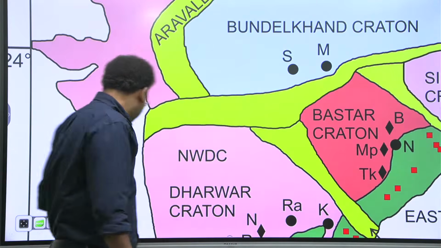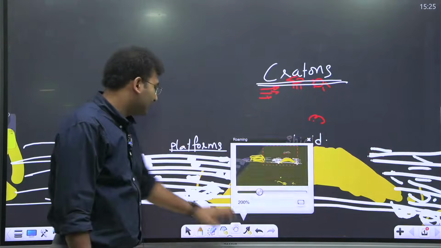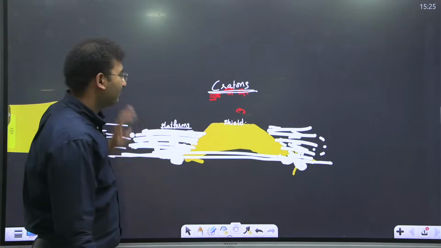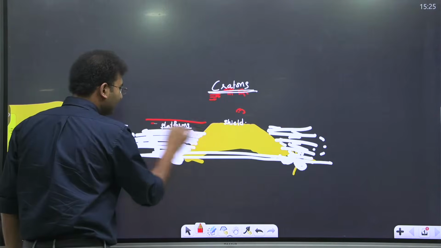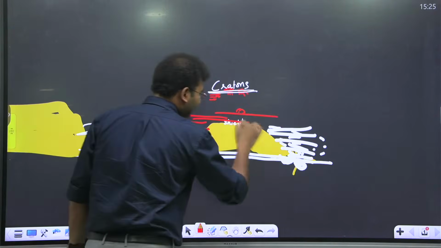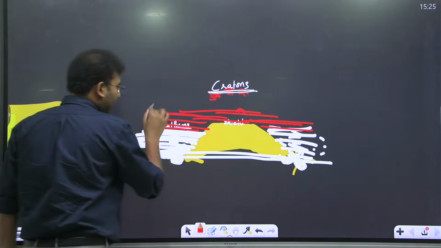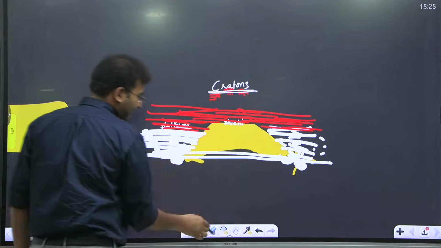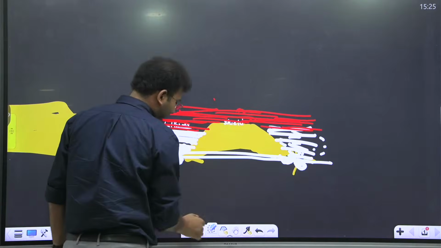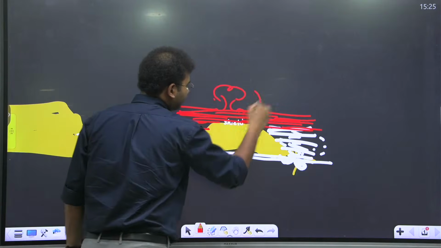Now above these, let's say erosion can happen. Above these, you can see layers of sand, material, and a few thousands or lakhs of years, a few millions of years later, you might see a forest developed over this. This can be a forest. Okay?